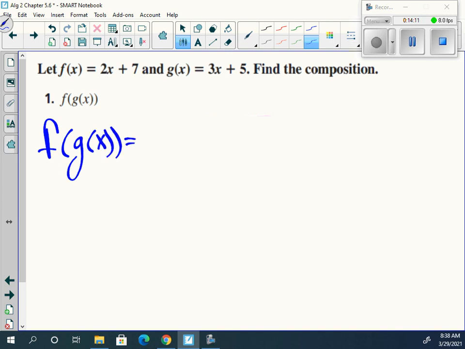F of g of x. So, the first thing we want to do is plug x into g of x. And g of x is?